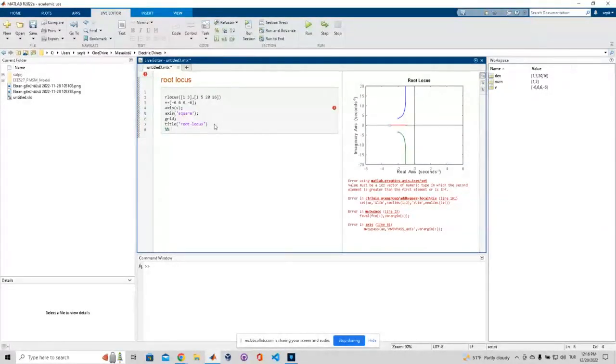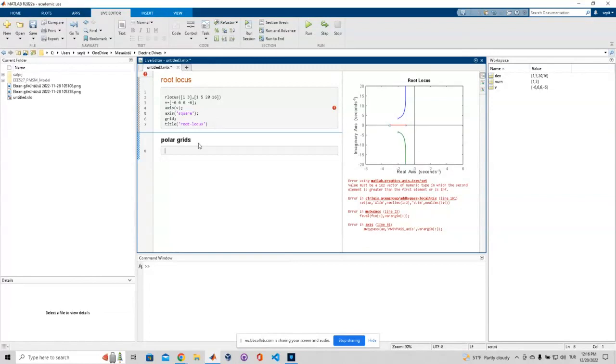Second one, let's say plot grids, polar grids. Okay.